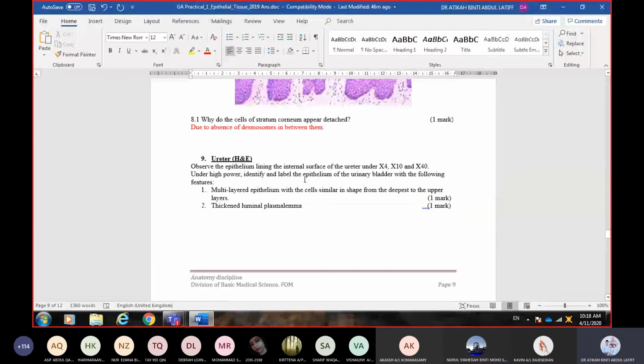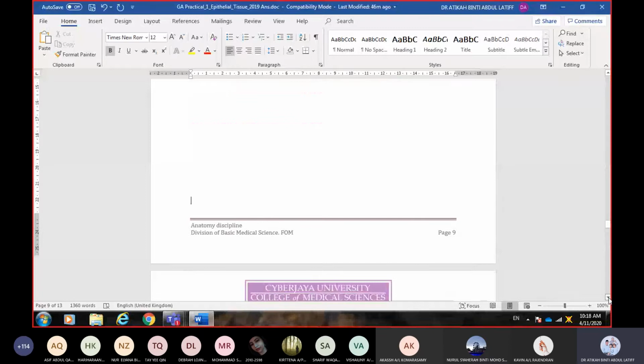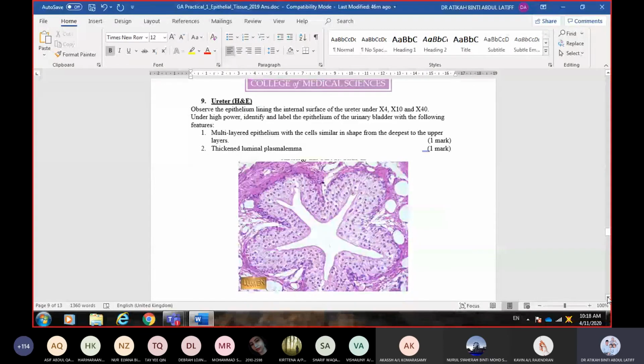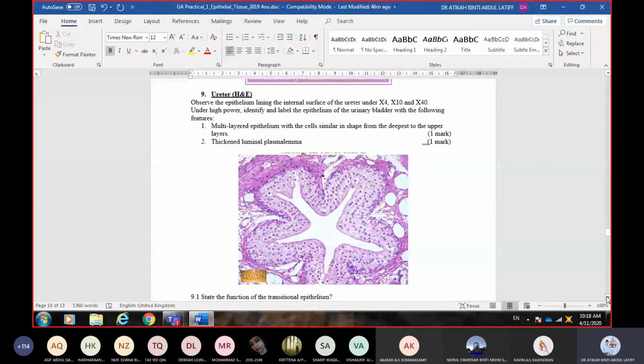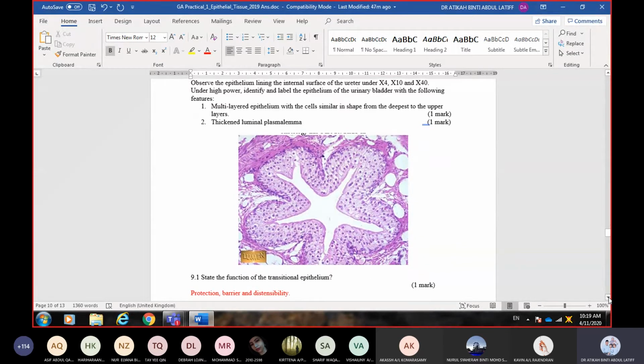So next, the ureter. Our urinary tract is lined by the same epithelium, and it is specific for the urinary tract itself, because it allows distension of the epithelium when urine is inside the lumen. When urine passes through, it can become distensible and open up.